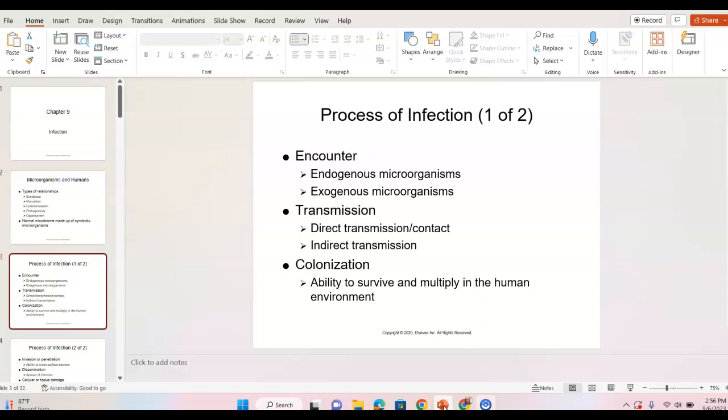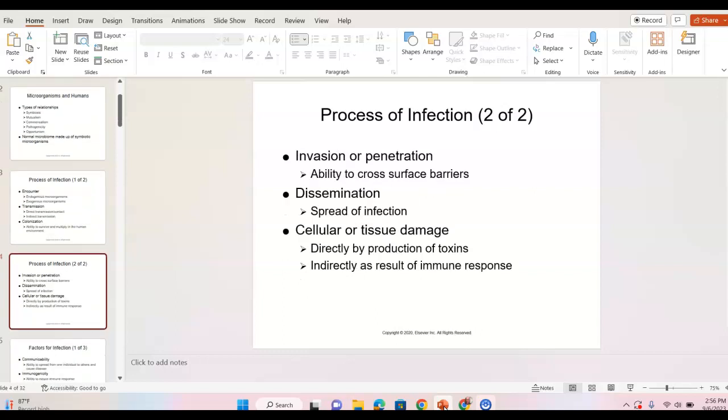Or they can have exogenous means, which means they secrete substances to the local environment that can break down our immune system. Okay, so they have two mechanisms to do that. Transmission can either be direct or indirect. That makes sense.